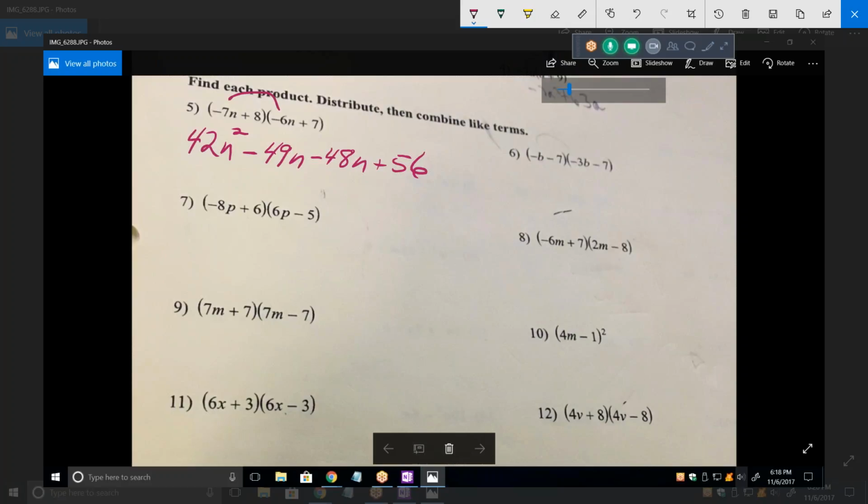You'd lose points if you put that as an answer. Distribute, okay, which is what we did. We found the product, and then it says combine like terms. Well, we've got two middle terms there that are like terms. We don't have any more n squareds, so we can go ahead and write that. What does that combine to?